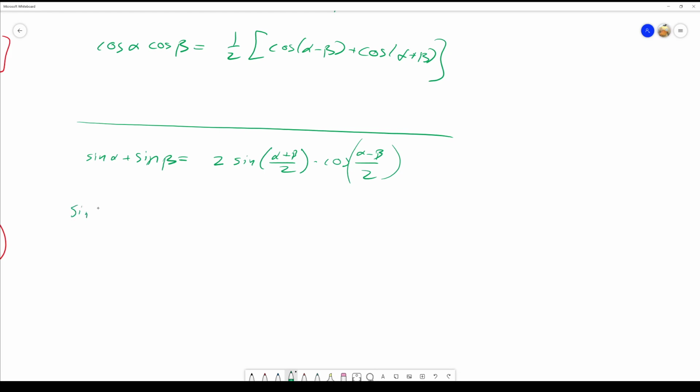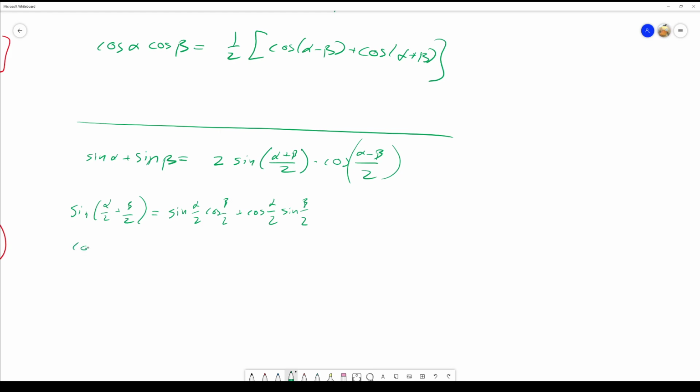Well, the sine of alpha over 2 plus beta over 2 equals sine alpha over 2 cosine beta over 2 plus cosine alpha over 2 sine of beta over 2.